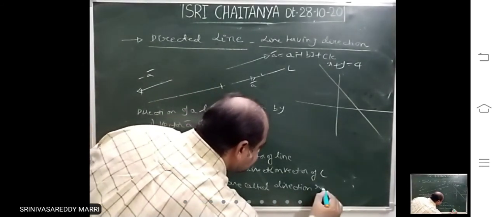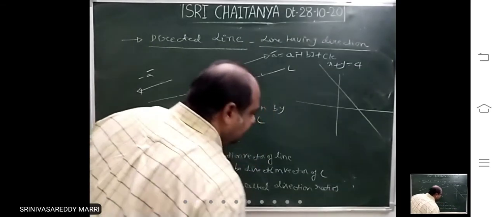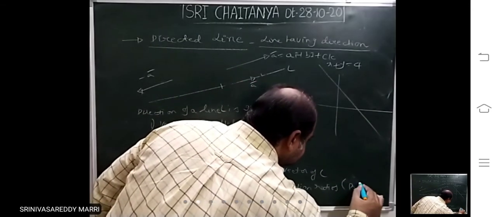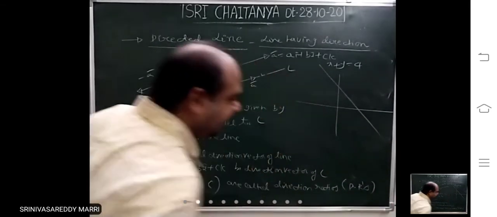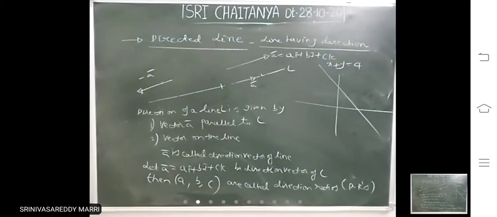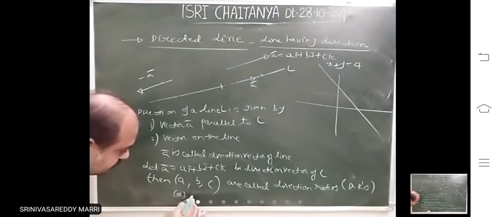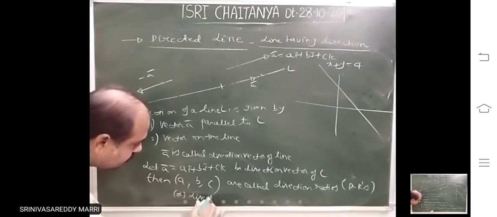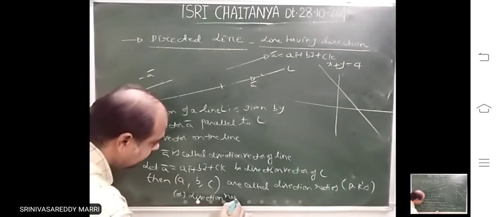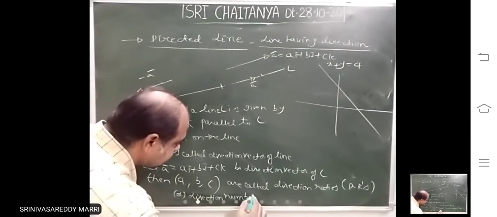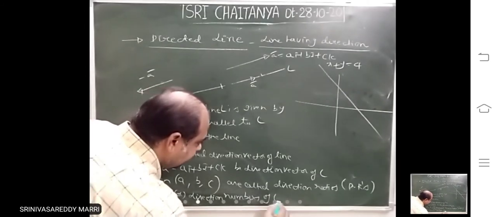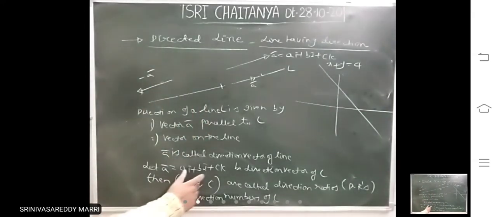There is one name for this: direction ratios, that means DRs. They are direction numbers of L. Nothing else is there.